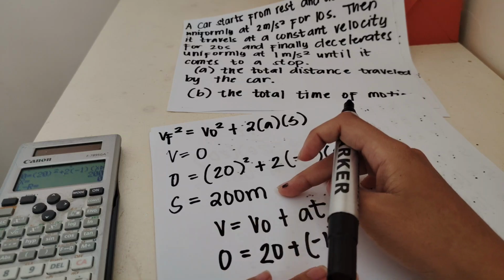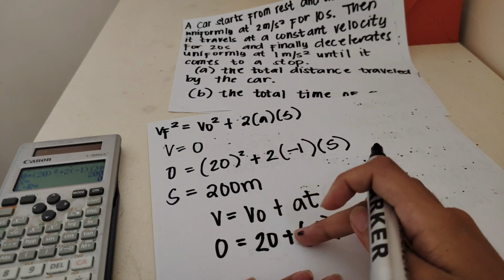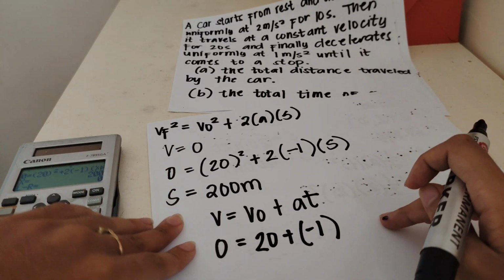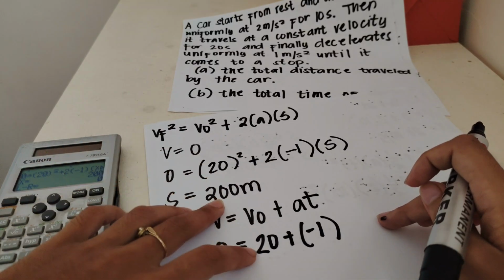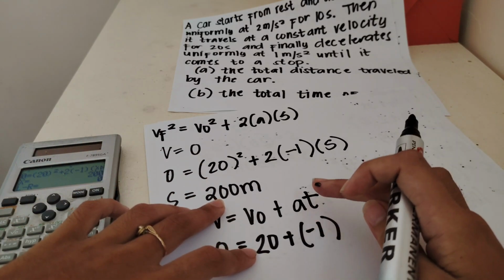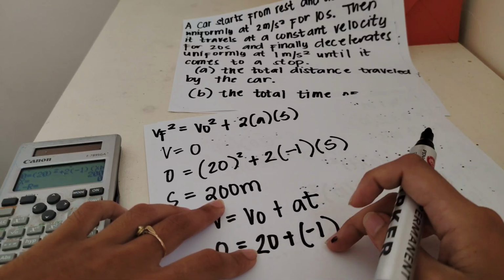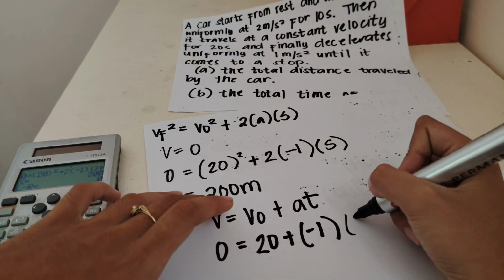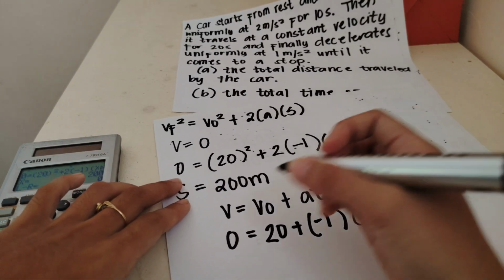So we can use the equation: final velocity is equal to initial velocity plus acceleration times time. So we have the final velocity of 0 is equal to 20, the initial velocity, plus the acceleration, which is negative 1. Why negative 1? Because it decelerates. And then we need to find the time.